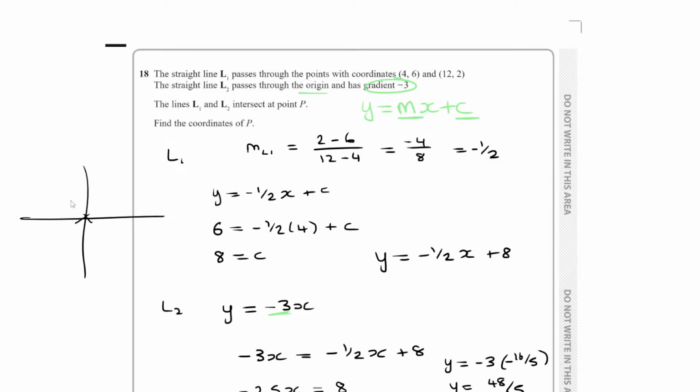If you imagine it's going like that, let's just pretend that that's minus 3, the gradient. Do you see how the y-intercept is 0? So I'm not going to write plus 0 because there's no point. But because it goes through the origin, the plus c is just 0. So that's why I didn't write it.